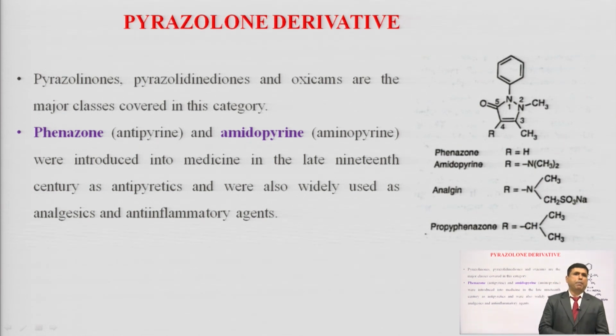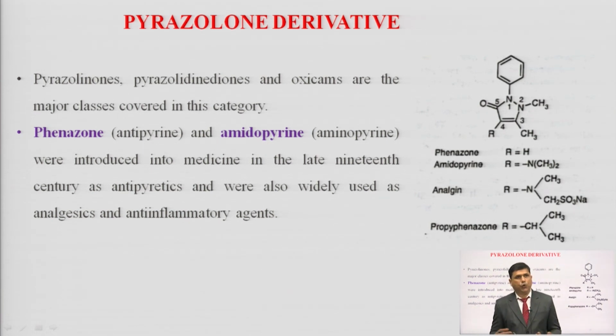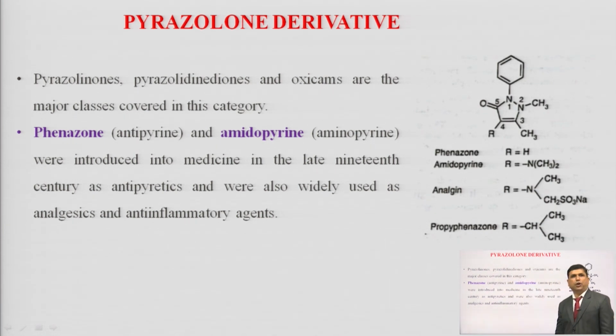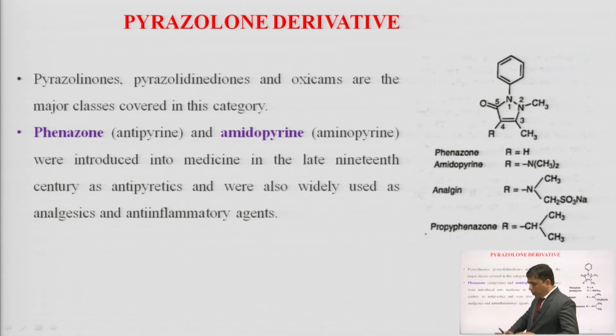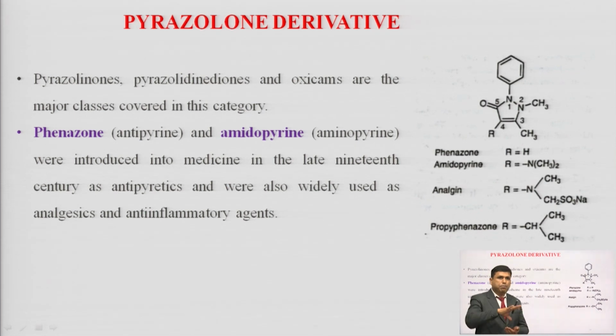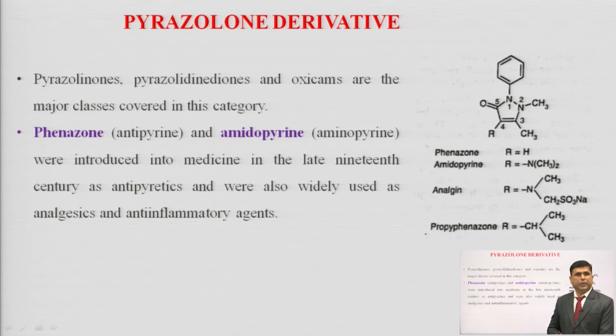Next category is pyrazolone derivatives. Basically, pyrazolinones, pyrazolidine diones and the oxicam derivatives are the major classes covered in this category. So, broadly we can say it is a pyrazolone. The well known examples of pyrazolone derivatives include phenazone and amidopyrin.